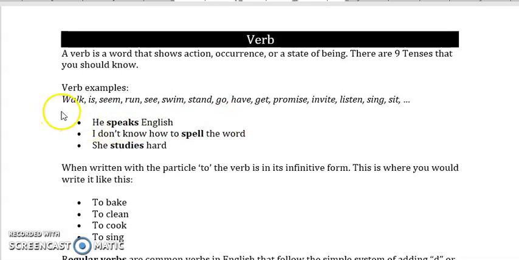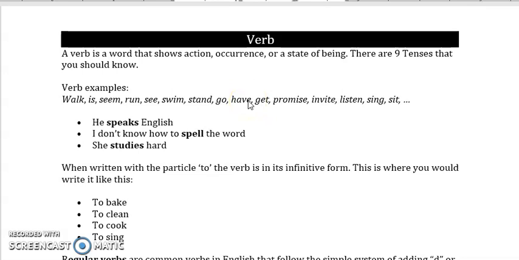So when you look at the verbs here, you must alert yourself that these verbs can change their form, except for the words such as is and also have.